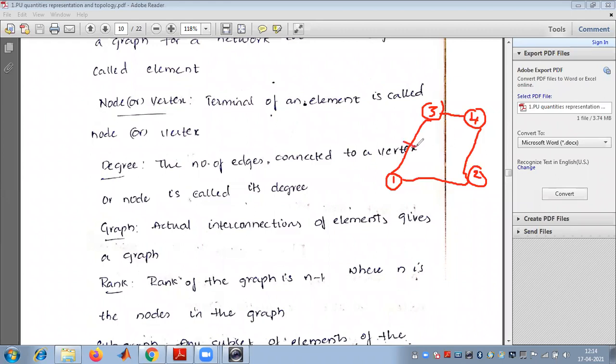Just now we discussed that a line segment is a straight line, which is also called an element. So how many elements are there? Now these are interconnected lines. There is a connection between 1 and 3, 1 and 2, 3 and 4, 4 and 2, and 2 and 1. The interconnection of all these elements is called a graph.